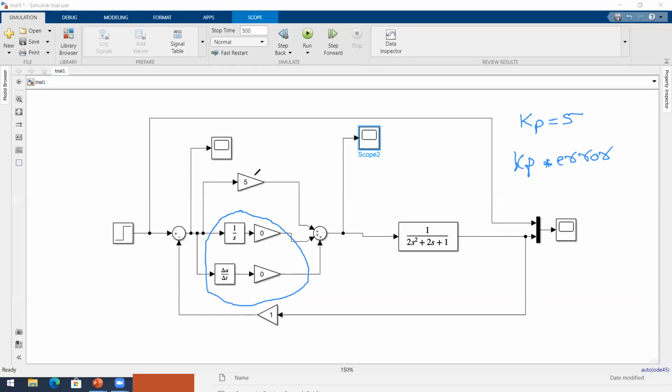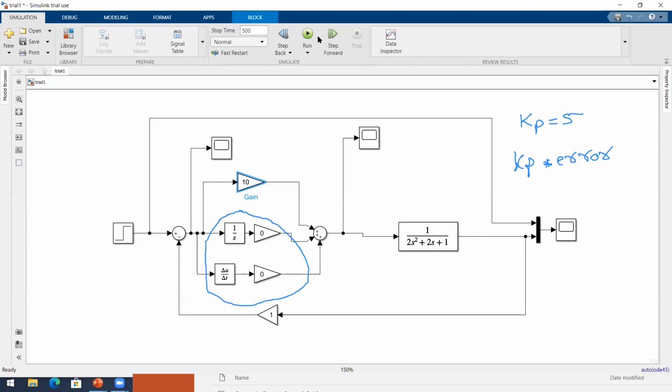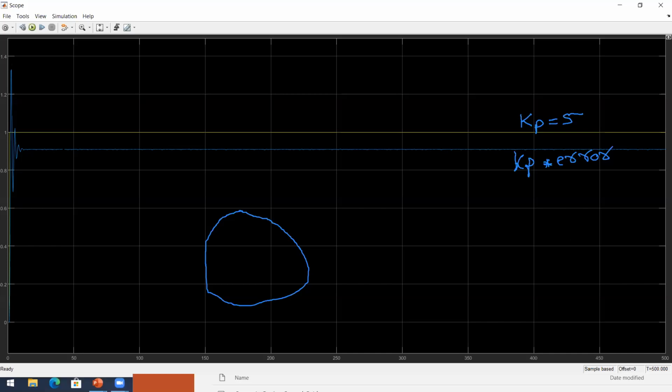Have you come across these topics before any time? No, sir. Okay, so you apply 10 here and then run this. You look at the output. It is close to 0.9 something.